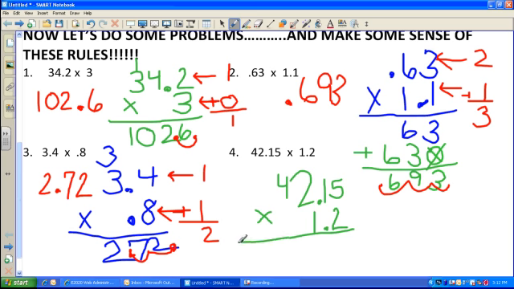Okay. Multiply the ones position through. Let me change my color. I have 2 times 5 is 10, so 0, carry the 1. 2 times 1 is 2, plus the 1 is 3. 2 times 2 is 4. 2 times 4 is 8.